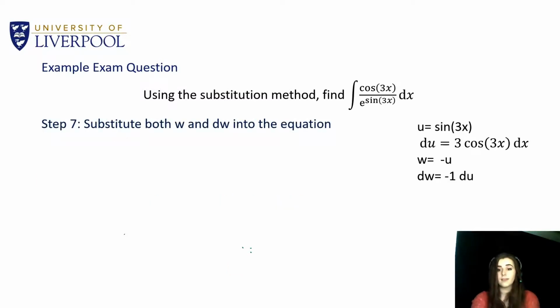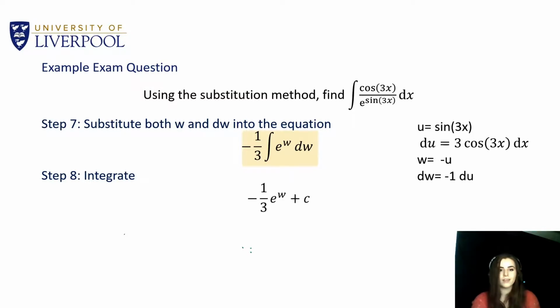So now to finish step 7, I just put in the dw replacing the minus du, but we still have that minus a third in front. Now we get to integrate because this is something that we can do. So we get minus a third e to the w plus c, and always remember the plus c.